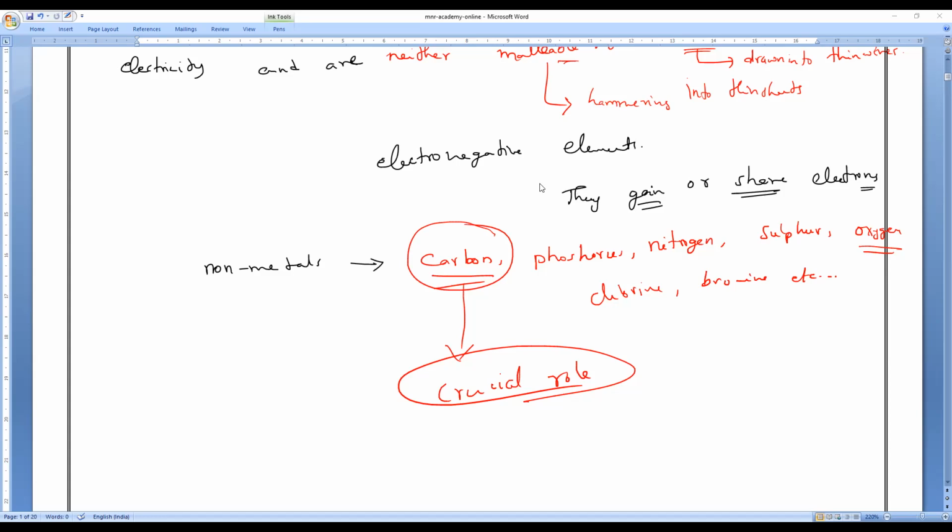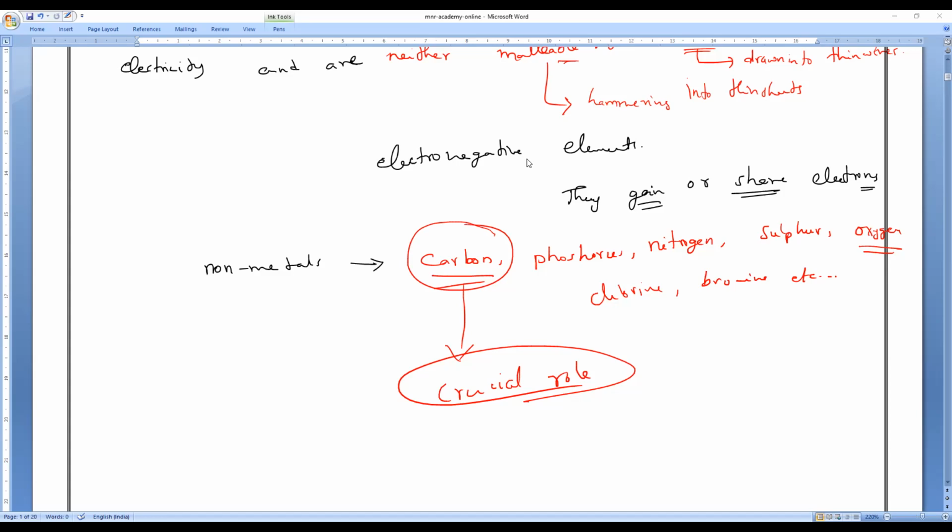Without metals we may survive, but without non-metals it is impossible to continue life. Life does not exist without non-metals. That is why non-metals constitute the earth, ocean, air, water.